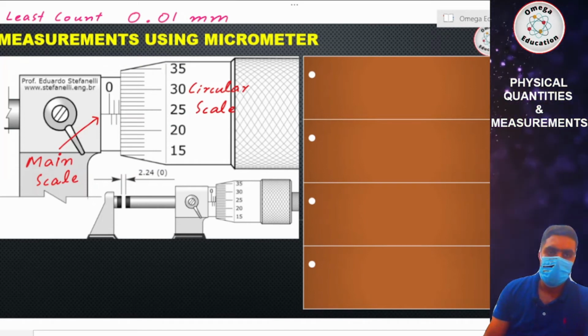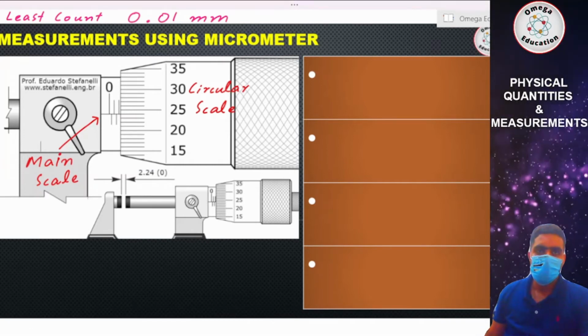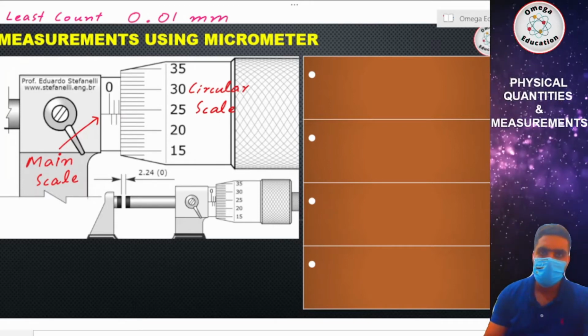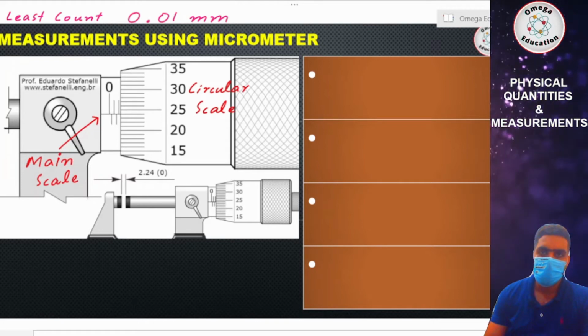Now, how do we take the reading? It has 3 steps. First step is you need to take the reading from the main scale. I'm just writing it down here, then I'll show you how we actually take the reading.